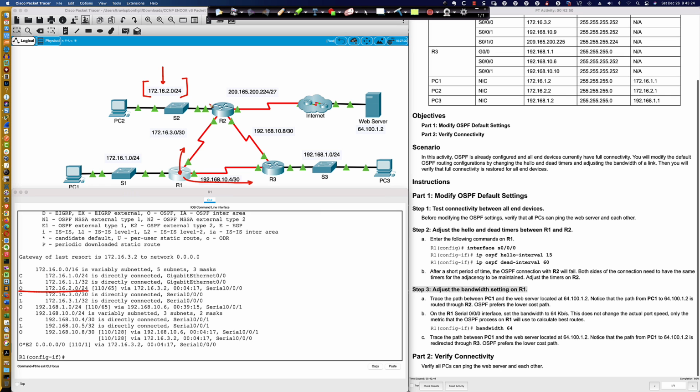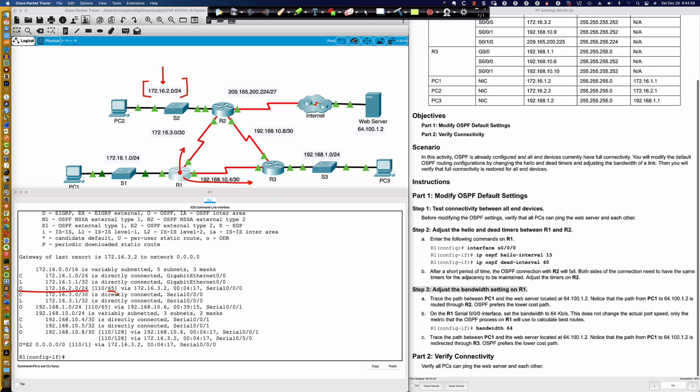Now, if I would have originated that network with a network statement, under the OSPF global config section, had I said network 172.16.2.0 0.0.0.255 for the wildcard mask, area 2, we would see this as an O IA. But we don't. It was originated in area 0.